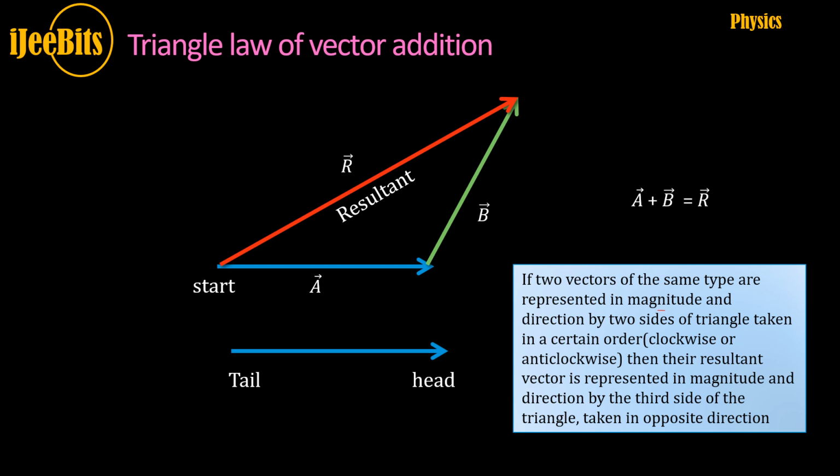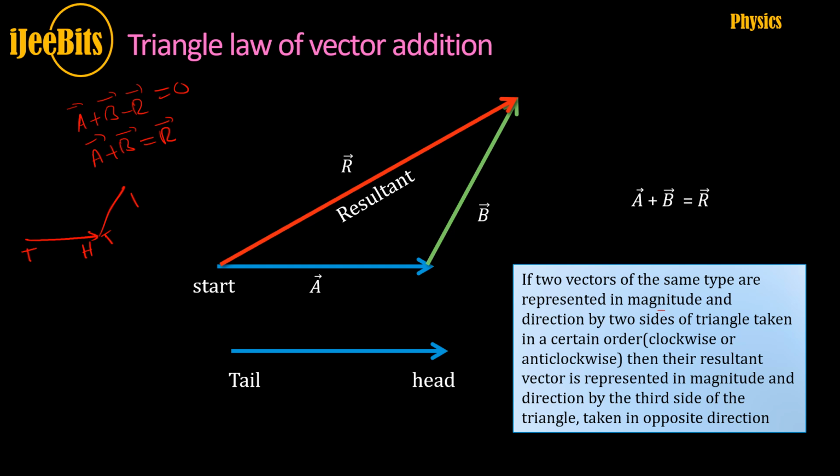In the closed loop, if you look at A plus B minus R equal to 0, that is how you represent it. This also means A plus B equal to R, right? This is the triangle law. When you see this vector, this is a tail, this is a head. If you add one more here, this is a tail, this is a head.